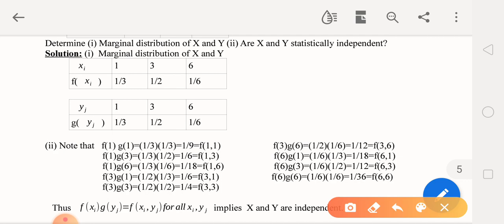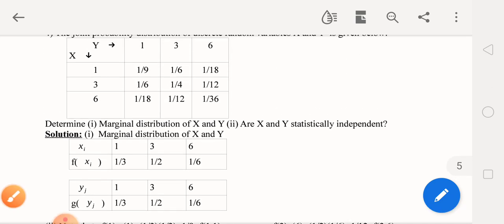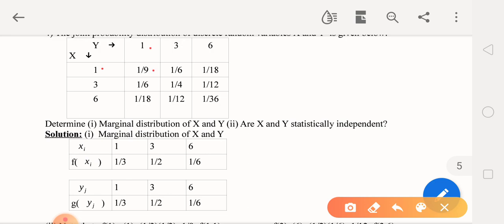Consider the x equal to 1, y equal to 1 case. In that case, we will multiply the probabilities f of 1, g of 1. 1 by 3 into 1 by 3 is equal to 1 by 9. And you look at the table. When x equal to 1, y equal to 1, the probability is 1 by 9.